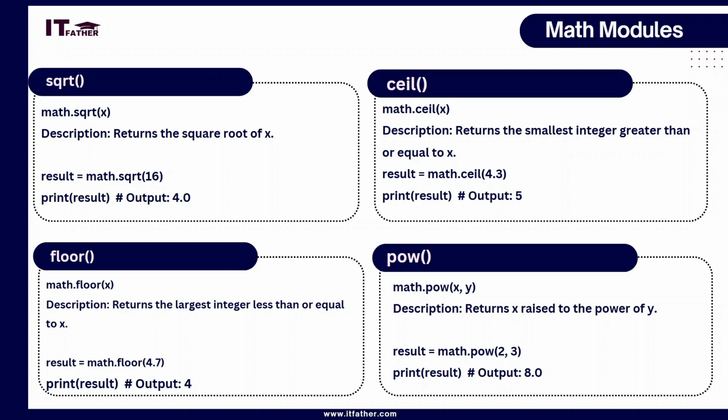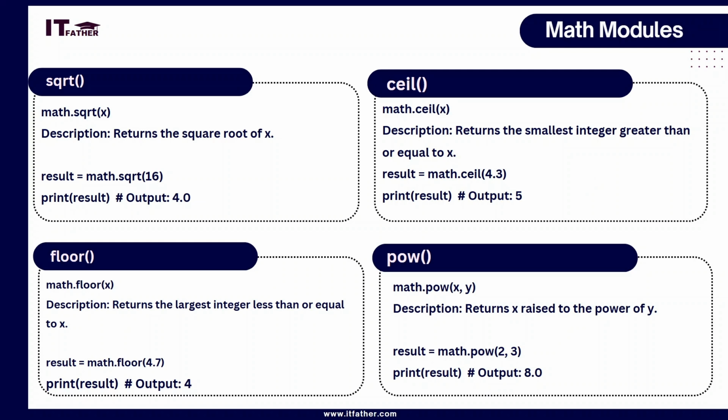So first we have the sqrt method. Already we have understood that sqrt is going to return the square root of x, meaning the square root of the passed number. So we need to pass only a numeric value into this method sqrt. The output we can see here. Then ceil: this method is going to return the smallest integer greater than or equal to x.